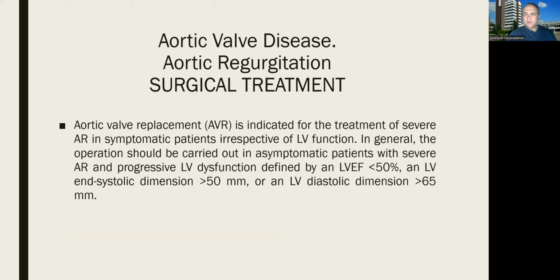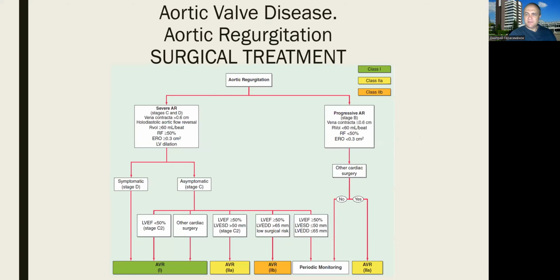In general, the operation should be carried out in asymptomatic patients with severe aortic regurgitation and progressive left ventricle dysfunction, defined by a left ventricle ejection fraction less than 50%, and left ventricle end systolic dimension more than 50 millimeters, or a left ventricle diastolic dimension more than 65 millimeters.